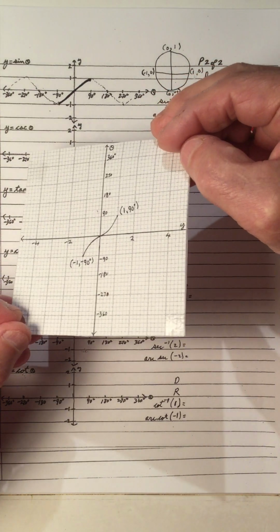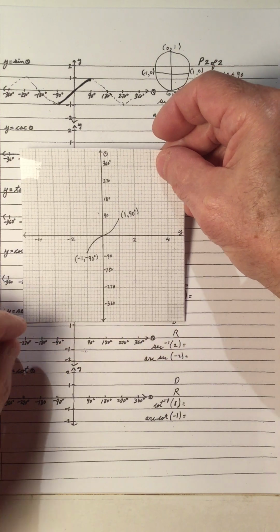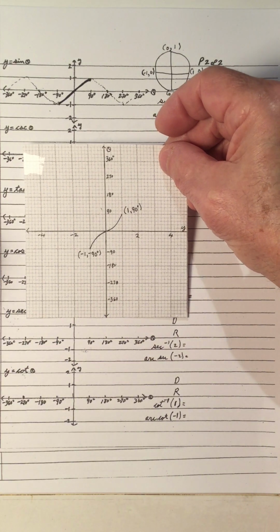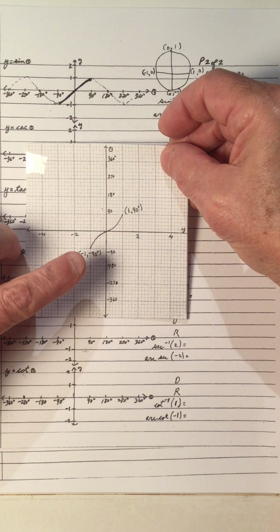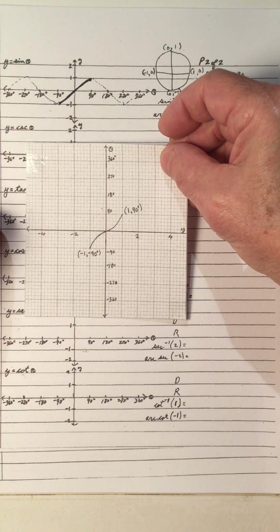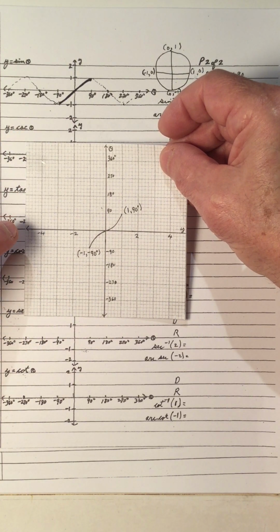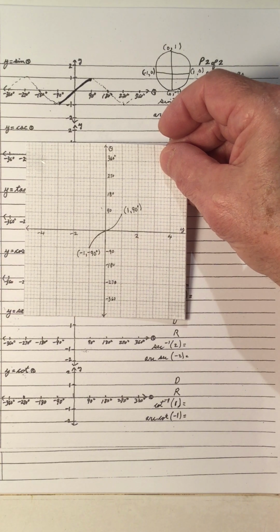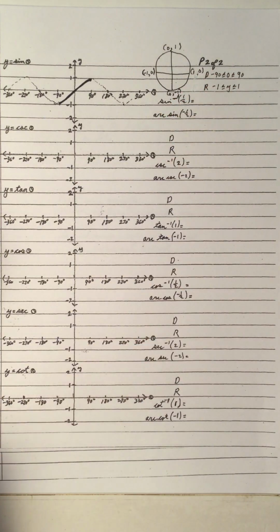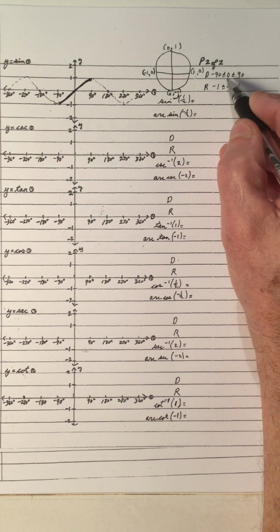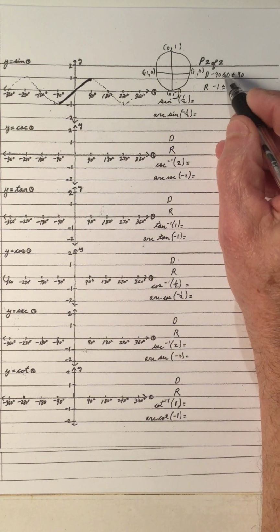There it is, and there's its inverse. Now, I'm not looking at its inverse, I'm looking at the restriction, because the restriction is easier to see in its inverse. So what happens is that your domain becomes your range, and your range becomes your domain.